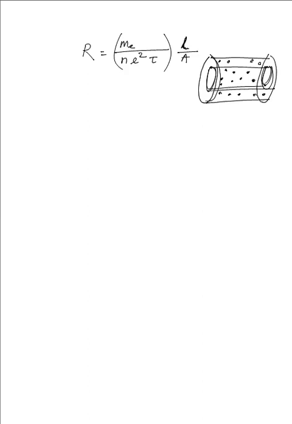which is the obvious case because we have R related to the area inversely, as you can see in the equation over here. So the resistance is inversely proportional to the area. Now what about the length? Now if I am to increase the length, what happens is that the electrons will have to move a greater distance for a given conduction.